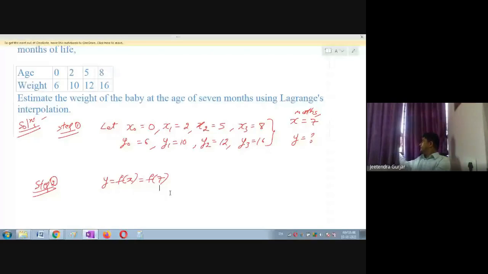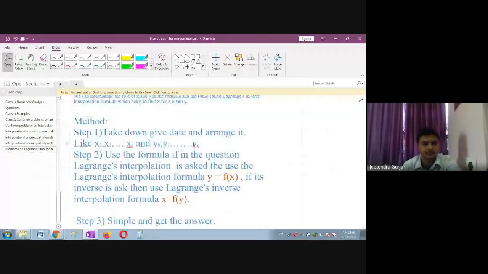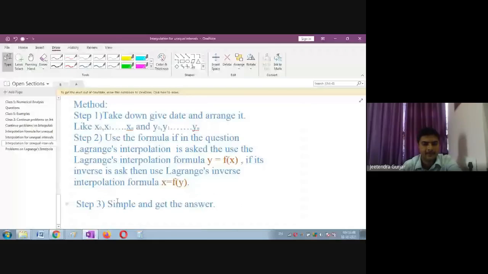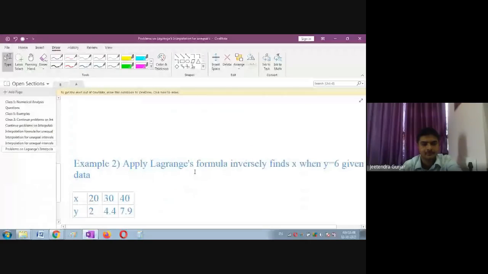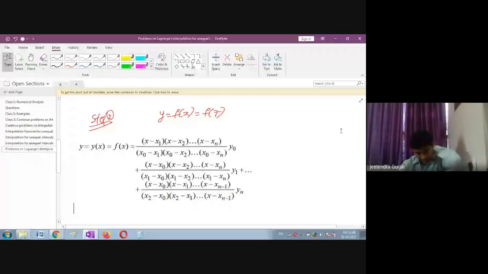So write down the formula first. Here I have the formula, so just note it down. Yes, please write down the formula now.